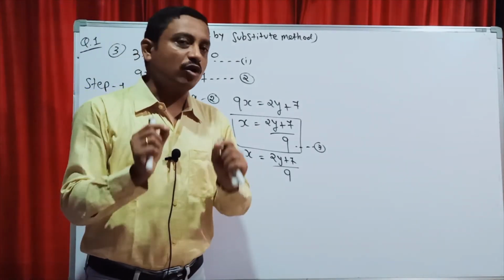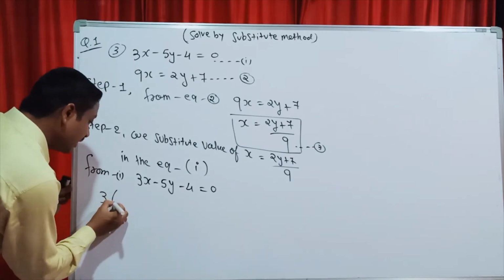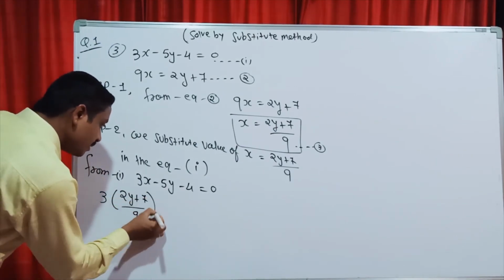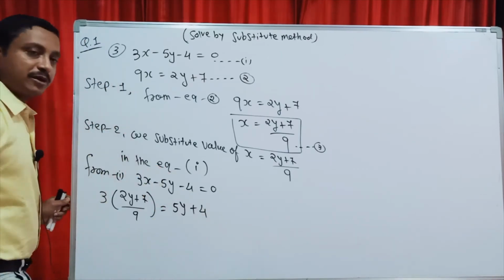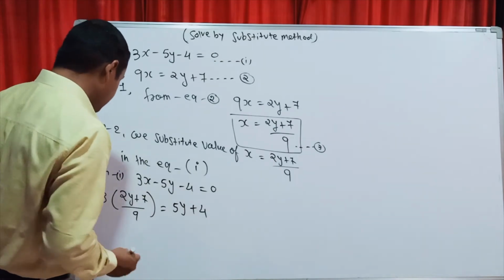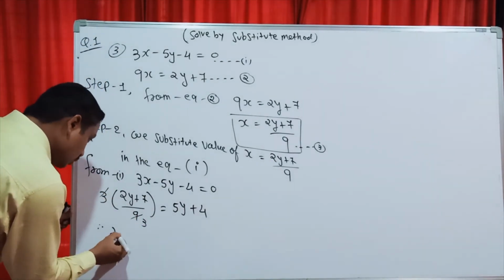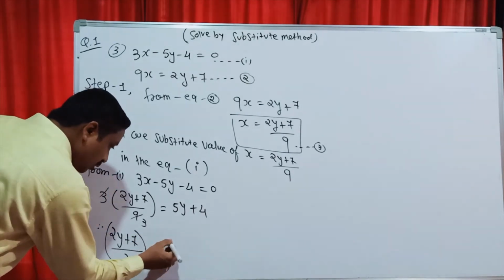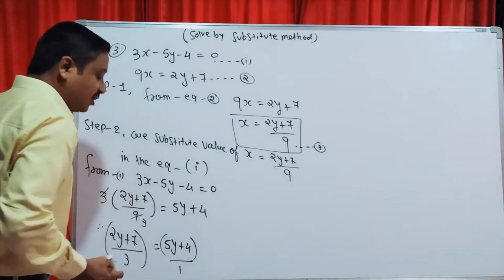And here, students, we confidently apply this x value. So 3x is how much? 3 times 2y plus 7 by 9 is equal to, these are the same as 5y plus 4. I am just taking the right side. So here the 3 and 9 cancel. Only I have 2y plus 7 by 3 is equal to 5y plus 4. Here nothing, then you just take 1.